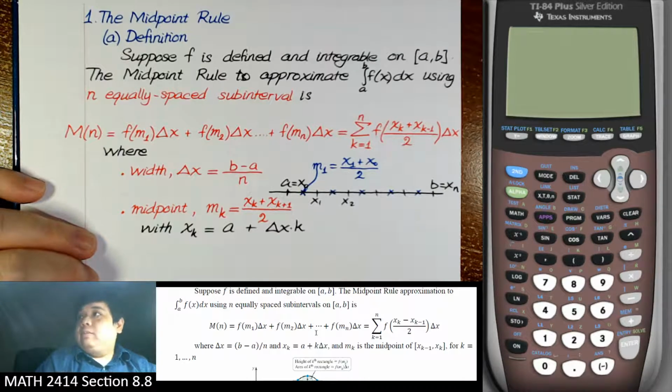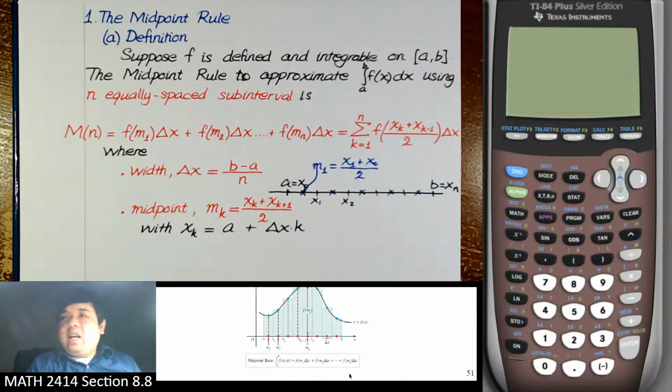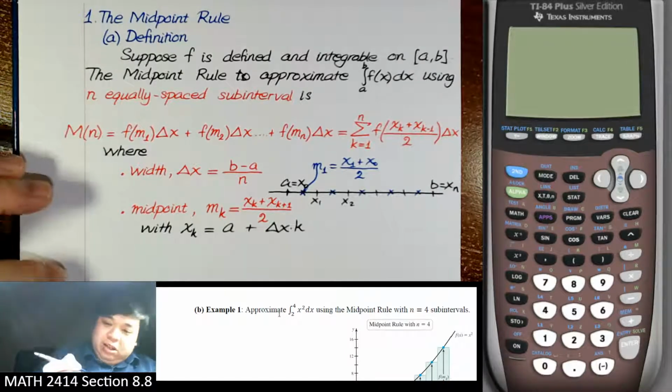Alright, so that is the formula. And then there's a nice graph, which I will not graph. So I'll just jump right into an example and see how it goes.